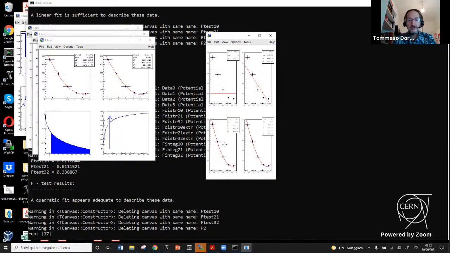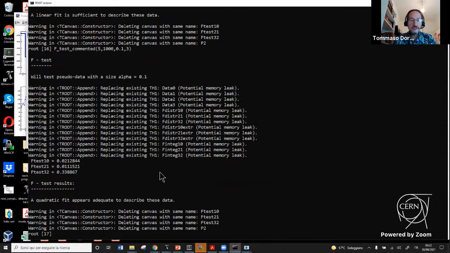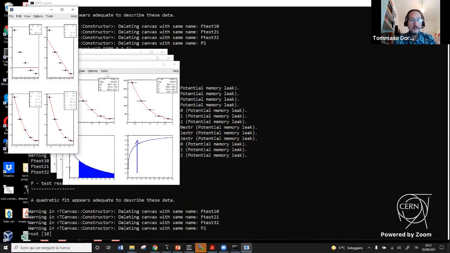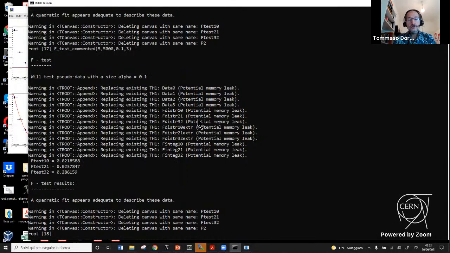But the quadratic will typically do a decent job, and you will not need the added parameter of a cubic fit. And this is typically happening also for larger numbers of events, if I remember. You see, quadratic tends to do a decent job, although not a perfect one, okay? So you can learn stuff by playing with the F-test, I think.